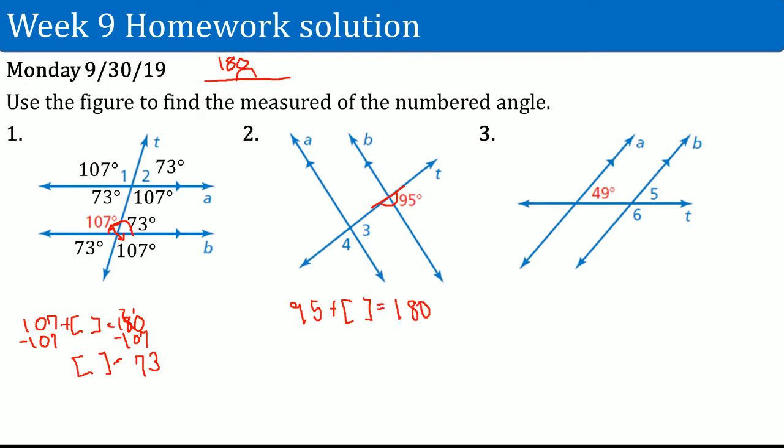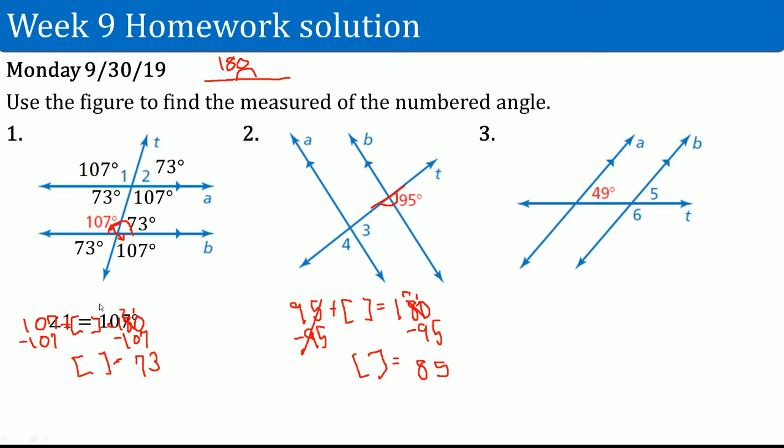Solve for whatever goes into this box. Subtract 95 from both sides. The 95 cancels out, bring down the equal sign, bring down the box. This becomes 85. So here should be 85.